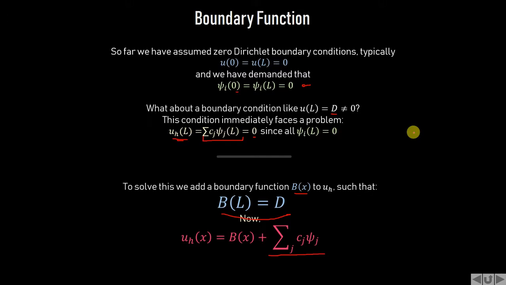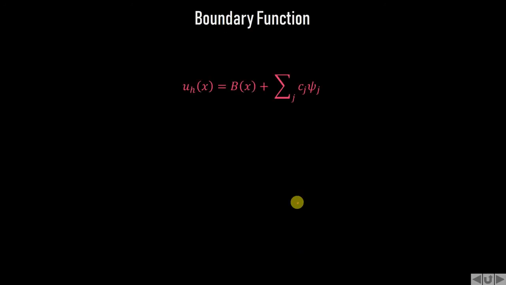Okay, so now let us think how this addition of the boundary function changes our understanding of the space and the solution that we are looking for in that space. Now this is our approximate solution.